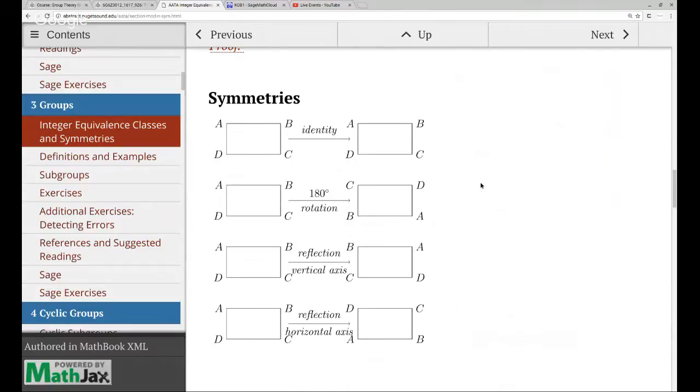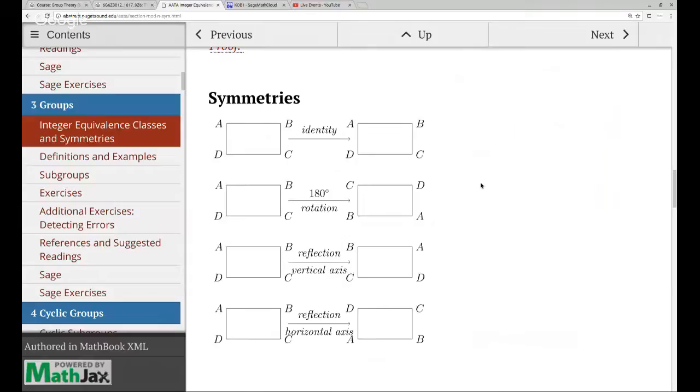Just the regular composition, because these are all functions from R2 to itself, from the plane to itself, so we can compose them. So let's assess the four conditions.